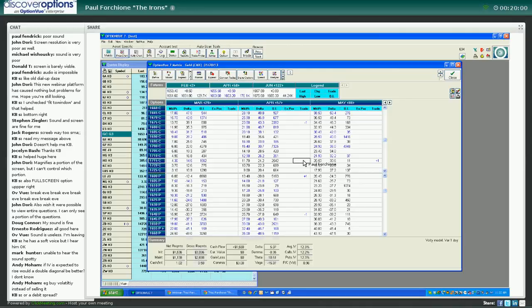So instead of buying the April 17-15 call, we're going to buy the May 17-15 call. And instead of buying the 1600 put in April, we're going to buy it in the month of May.